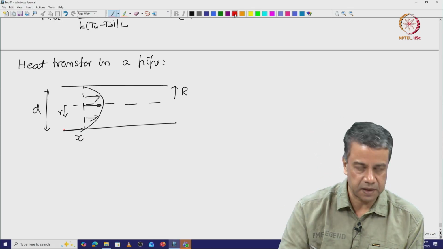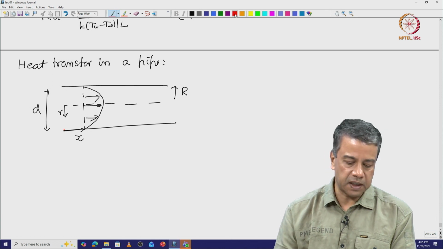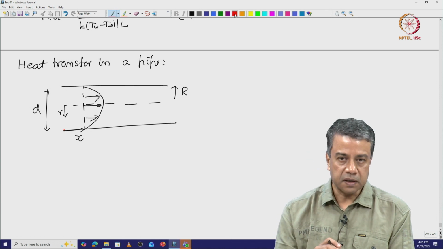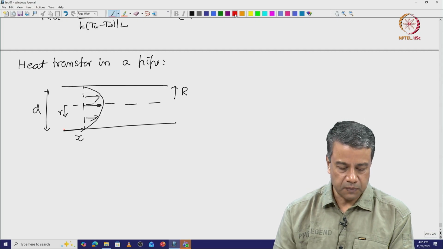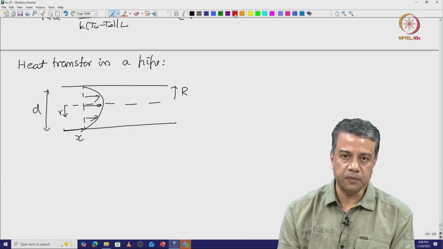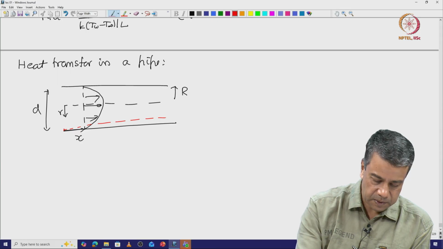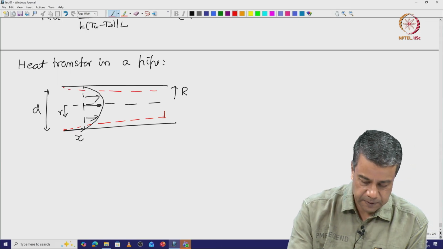Okay. In that case, at high Peclet number, the effect of the heated surface will diffuse into the flow up to a length scale delta. Okay. It will diffuse into the flow up to a length scale delta. Okay.